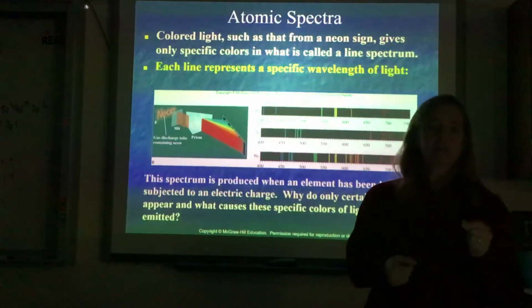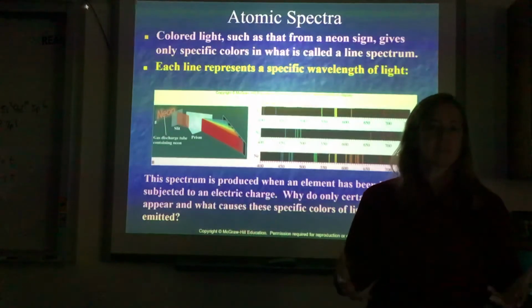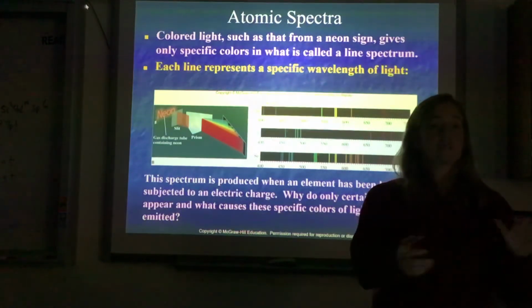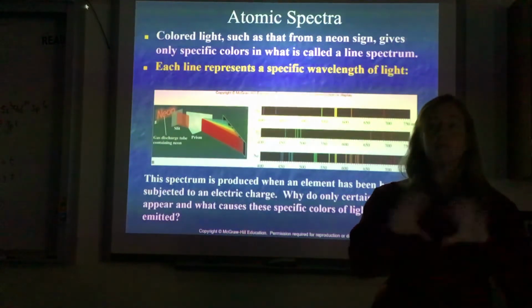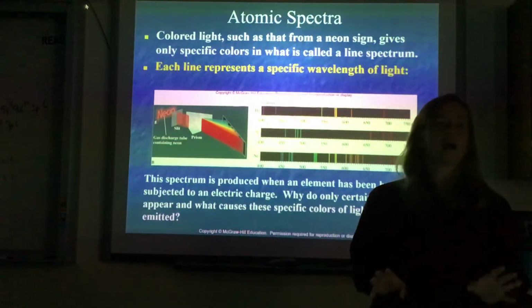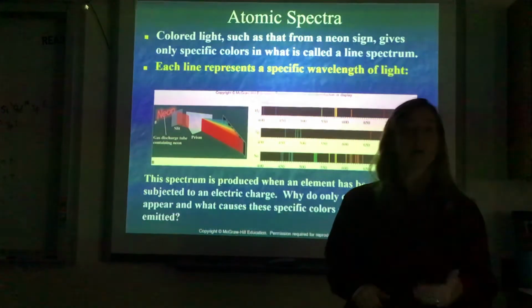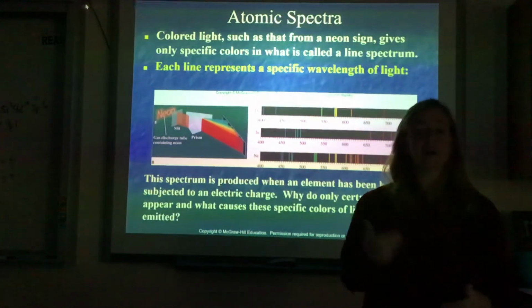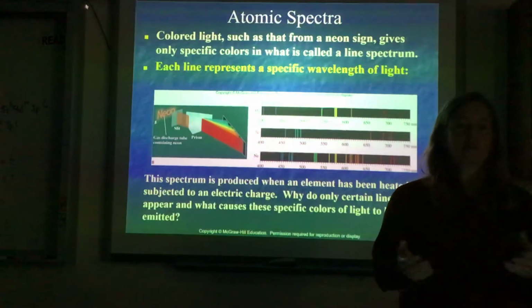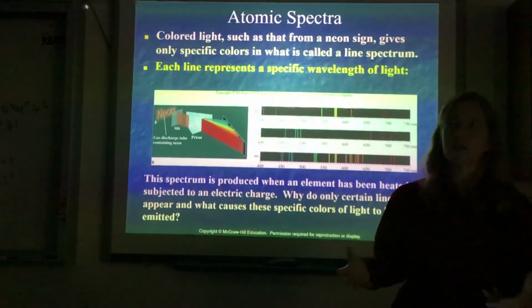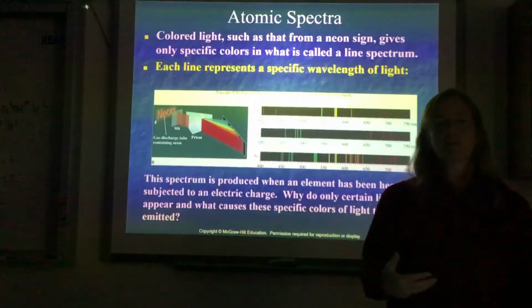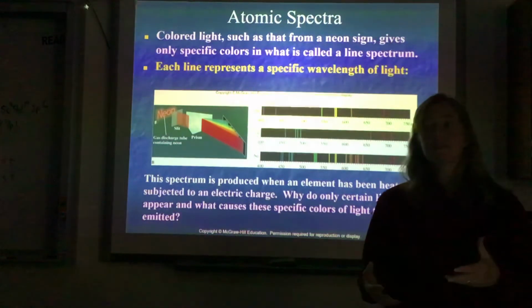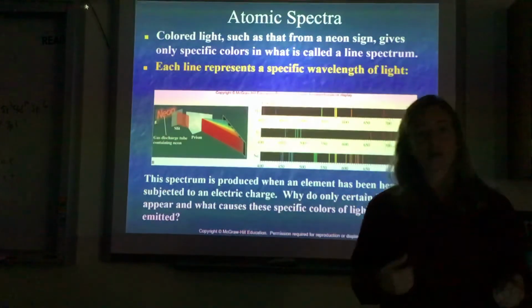That orange light that you see, that is neon. But all of the other different colors of light that you see in those signs are actually not all neon. They're inert gases, meaning they're not going to react with anything, but they are different elements. That's why they give off different colors of light. So there is a misconception now when you see neon signs that you think everything is neon, and it's not. Neon is the orange color. It gives off that orange color.